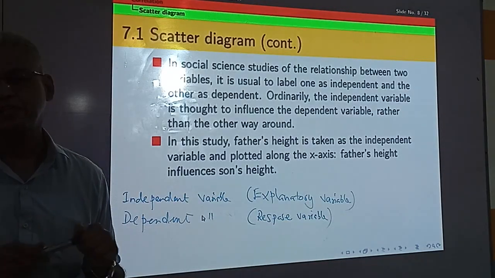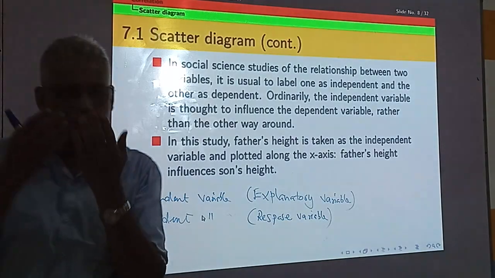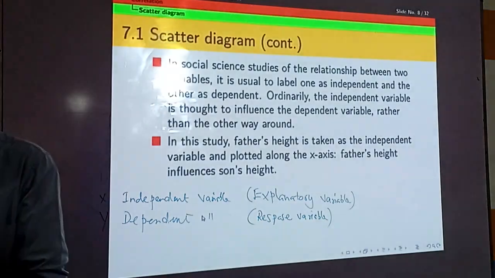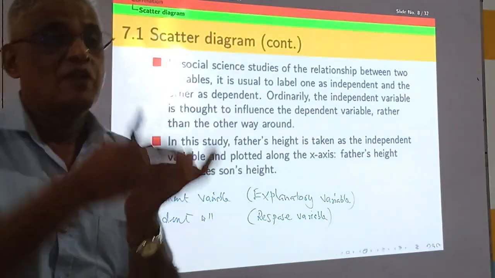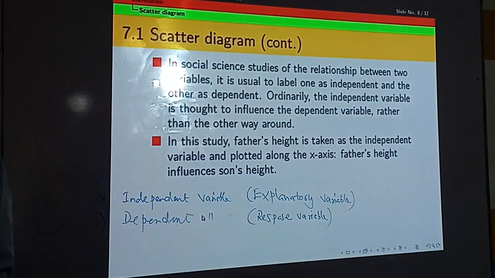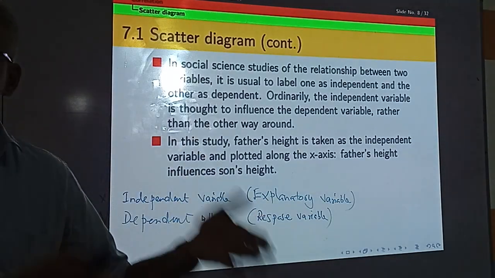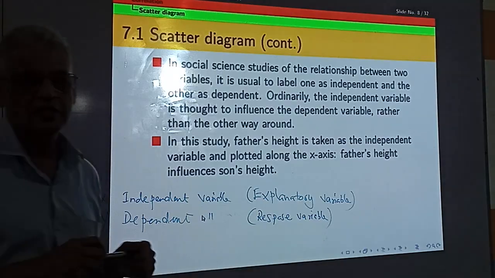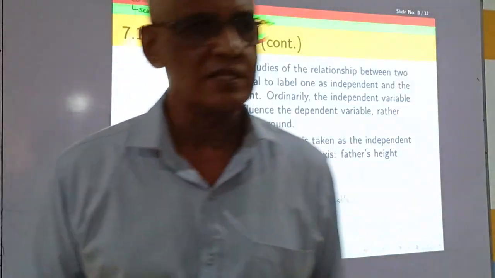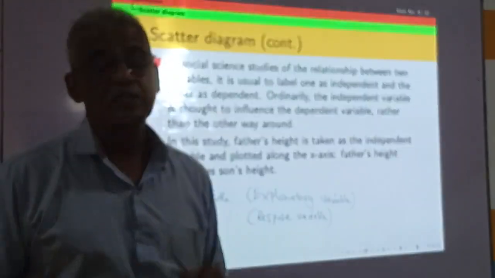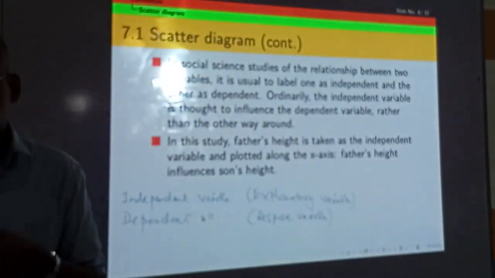If for some particular reason you want to predict the father's height when you know the son's height, you can do that also. In that case, of course, you can take father's height as the dependent variable and son's height as the independent variable.